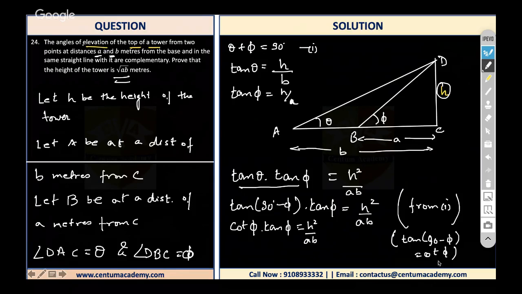You have to mention this. Now it is nothing but 1 is equal to h square by ab. So this implies h is equal to root of ab. You also have to mention the reason: tan theta into cot theta is equal to 1.